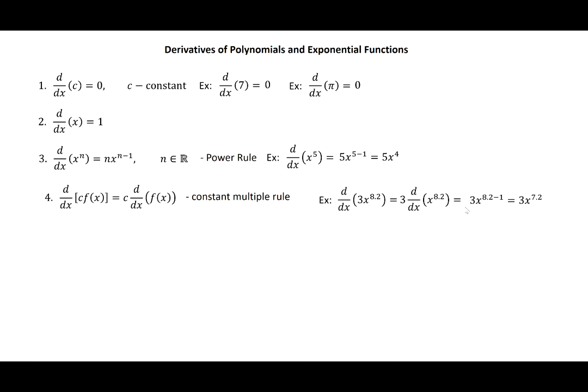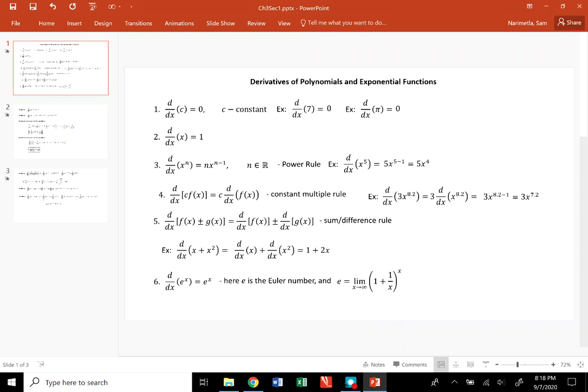Something is so seriously wrong with me. Golly. What about the 8.2? So 3 times the quantity 8.2 times x to the 8.2 minus 1.